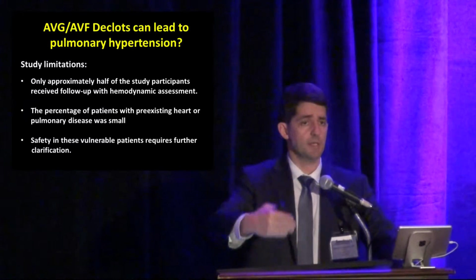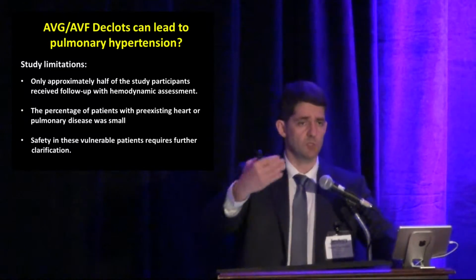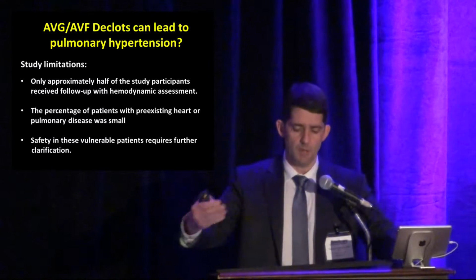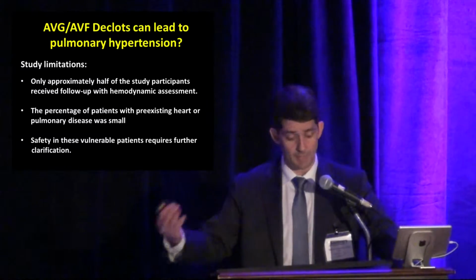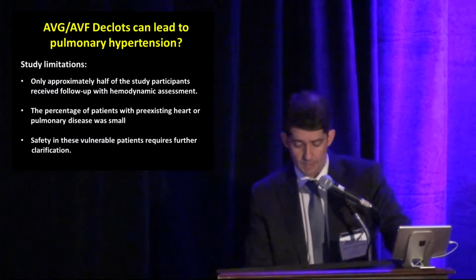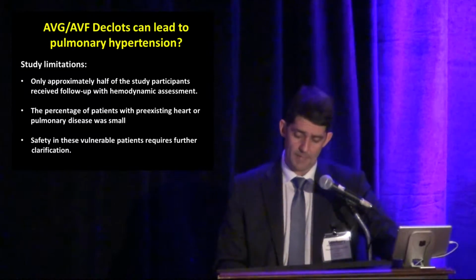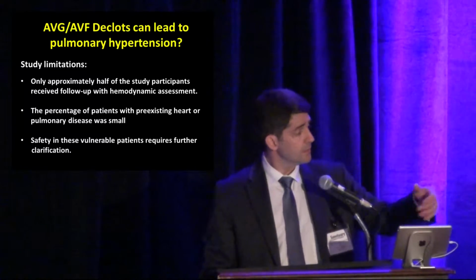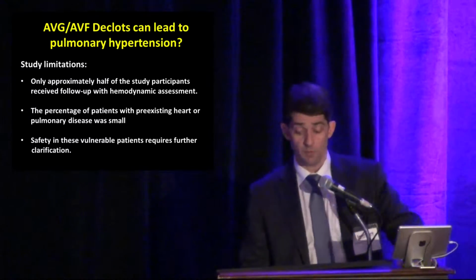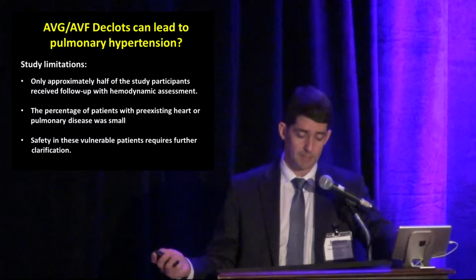But if they had other comorbidities, such as COPD or cardiac dysfunction, minimal PE could more likely be clinically significant. So that can be a bias as well. Safety in vulnerable patients requires further clarification. For patients with more comorbidities, we don't know what the impact is.